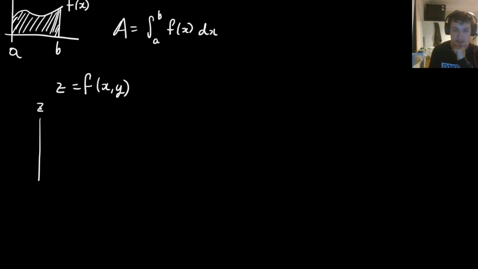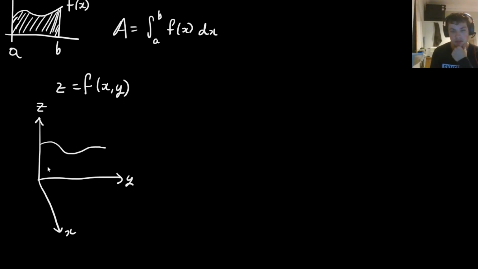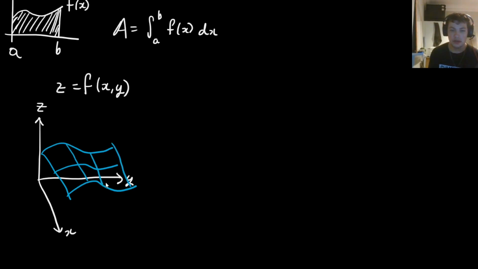So this is the z-axis, y coming down there, x here. So we've got some sort of surface here. Let's try and draw a surface in here, with straight lines passing through it. Okay, brilliant. There we go.